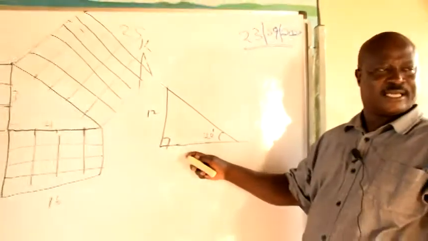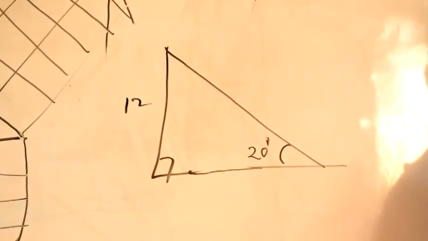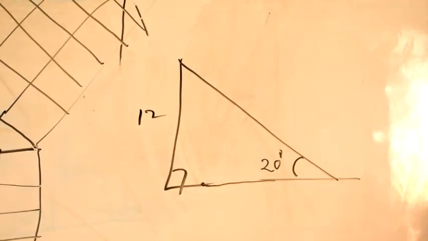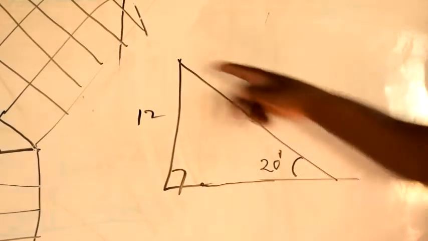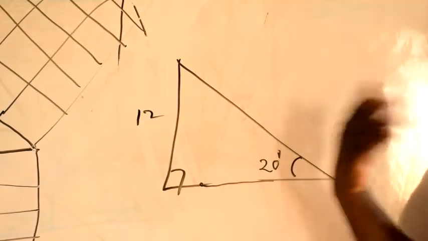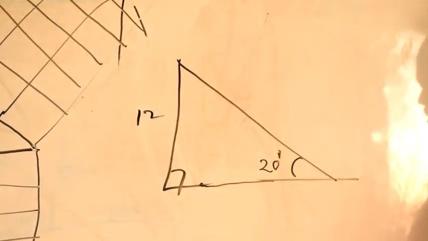Someone can ask you to get this length. This one will be very hard because I can't use Pythagoras theorem. It can't be used because I don't know this side, and I also don't know this one. I only know 12. It is hard, isn't it? This one I can't do.